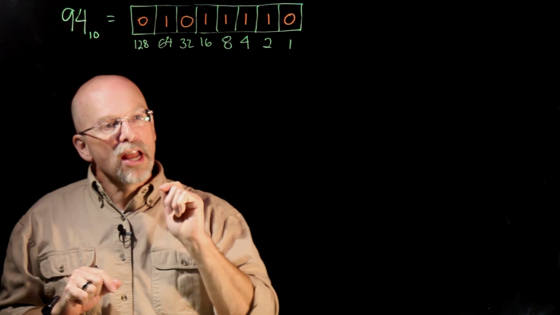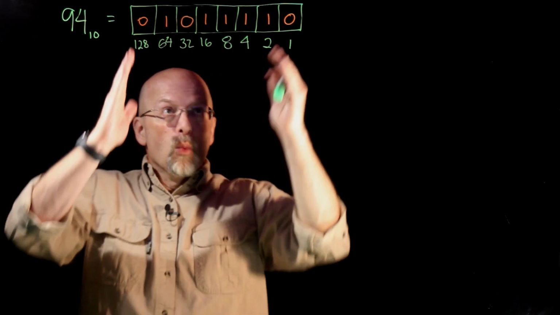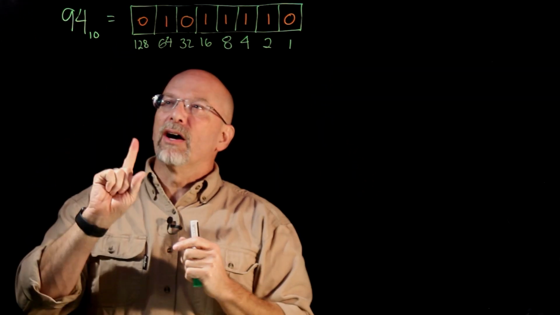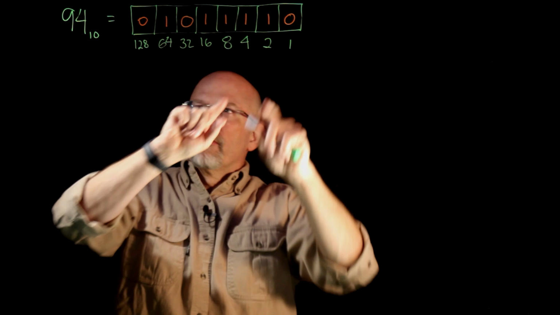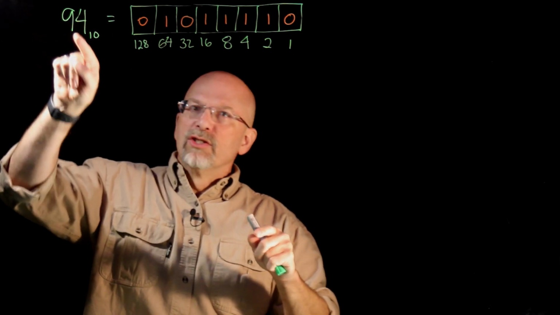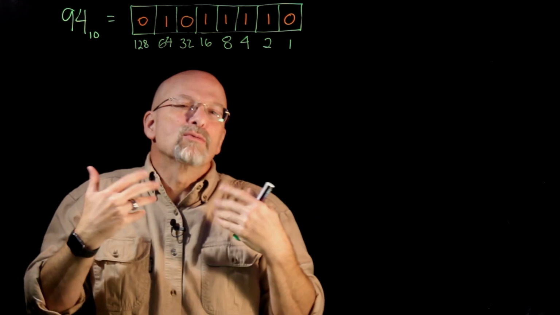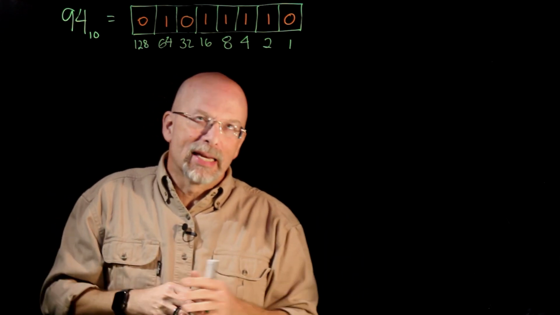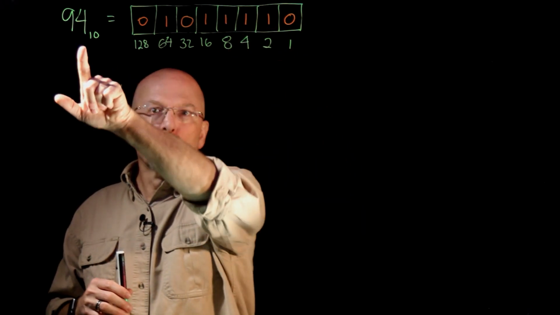Now, there's another way to represent this. The other way of representing this with 8 bits is to take a certain number of bits to represent the number of ones we have. Remember, we're trying to represent a base 10 number using binary. So what we do is we reserve some of the bits to represent the ones place.